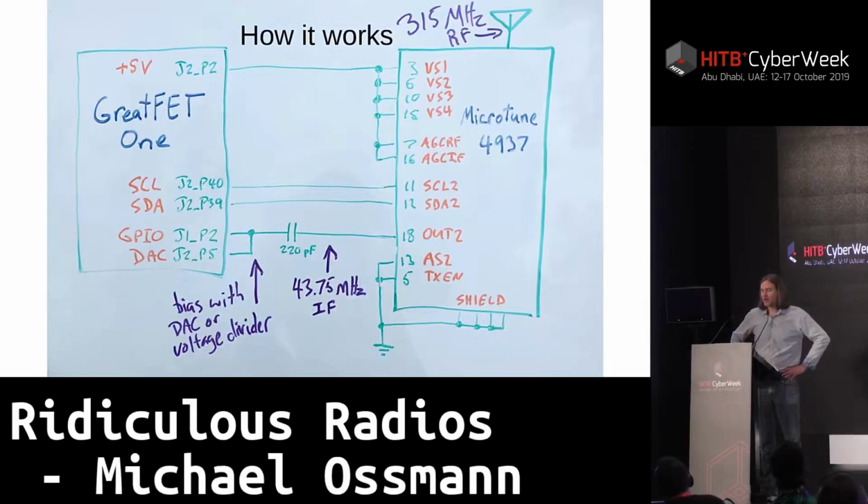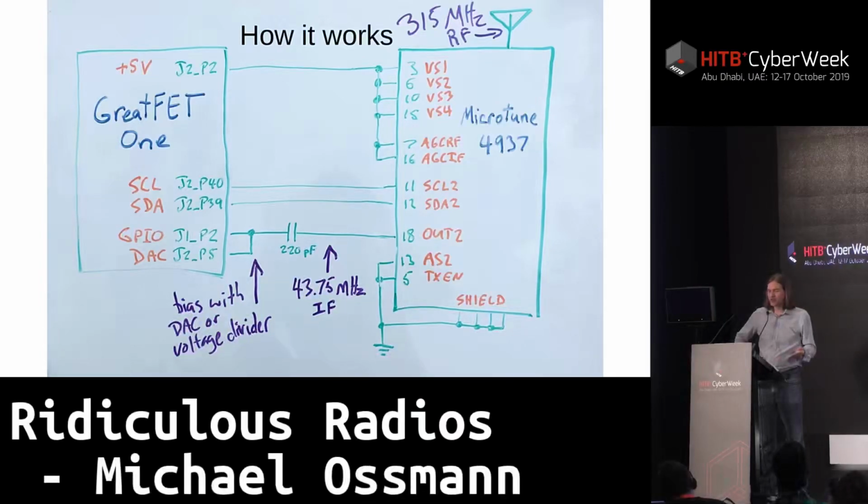We have to power up all the different power pins on the tuner. Then there are two pins called SCL and SDA, and those are digital control pins. Those are used just to configure the tuner. Most importantly, that turns it on and tells it what frequency we want it to tune to.